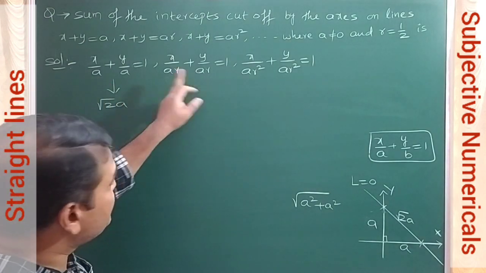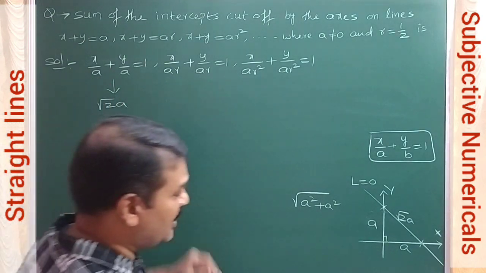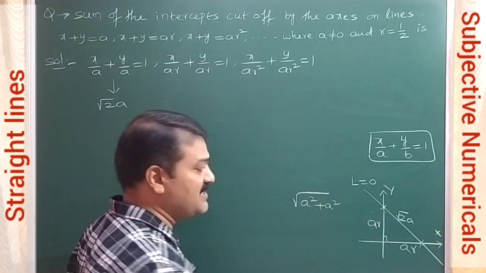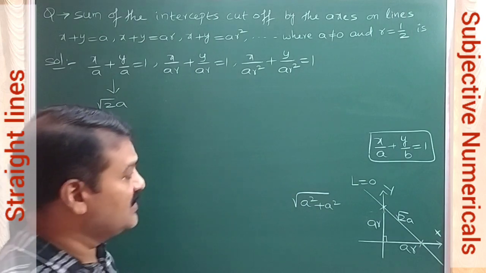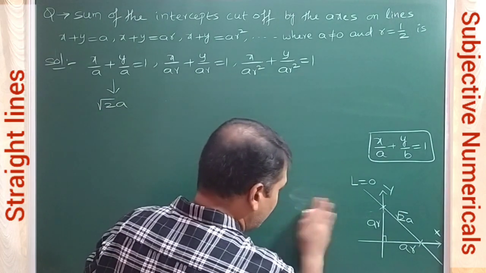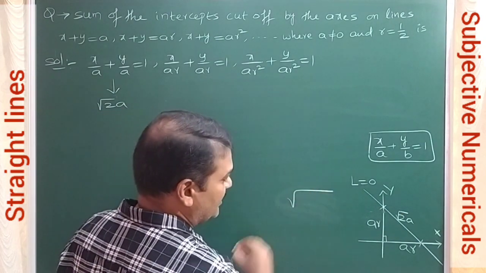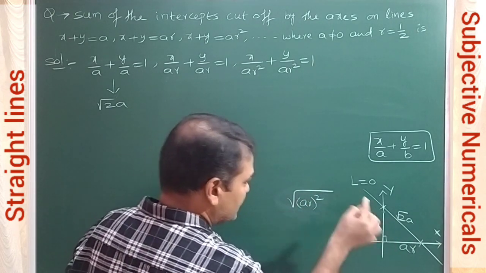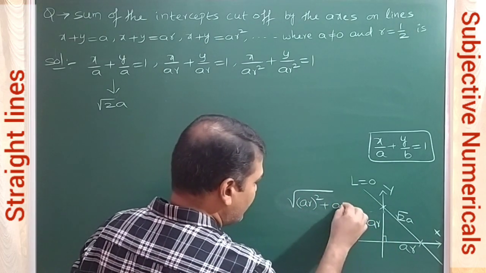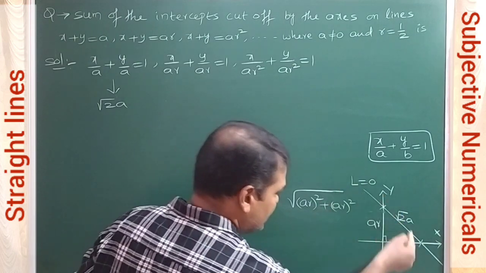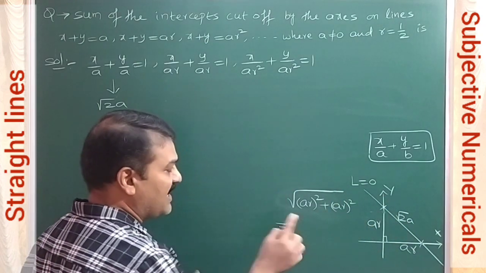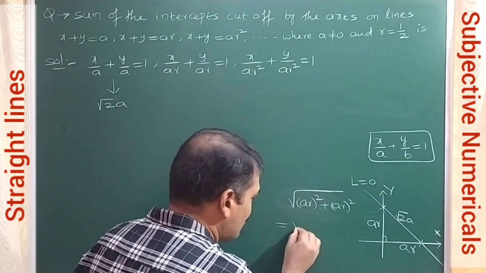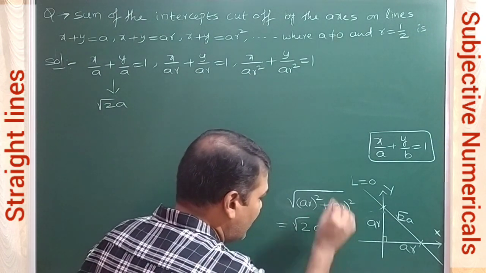If I take the second line now, x-intercept is ar, y-intercept is also ar. So this hypotenuse becomes under root of square of this side plus square of this side. So what you will get is under root 2a square r square, that means root 2 into ar.